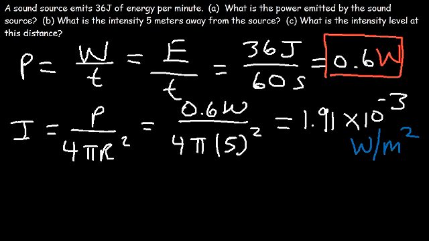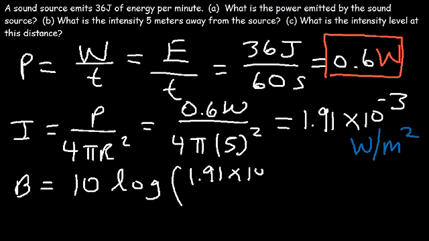Now, what is the intensity level at this distance? We need to use this equation to calculate the intensity level. It's 10 times log of the intensity, which is 1.91 times 10 to the minus 3, divided by I naught, or I0, the intensity of the threshold of hearing, which is 1 times 10 to the minus 12. 1.91 times 10 to the minus 3 divided by 1 times 10 to the minus 12 is 1.91 times 10 to the 9.